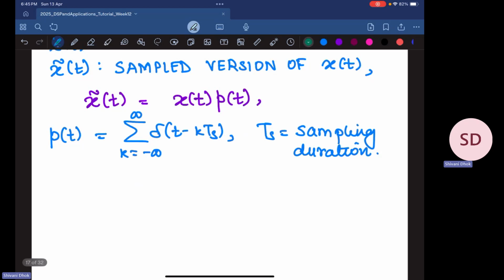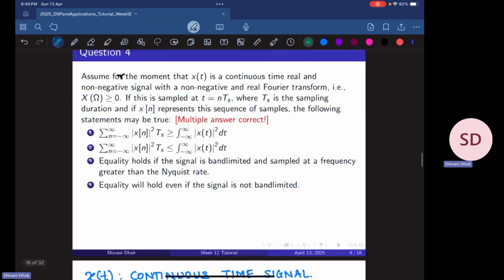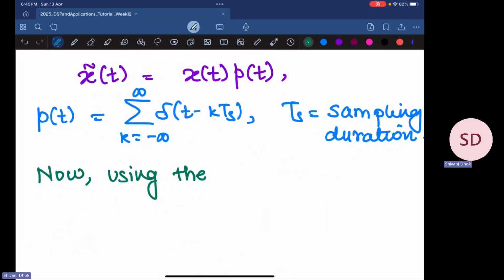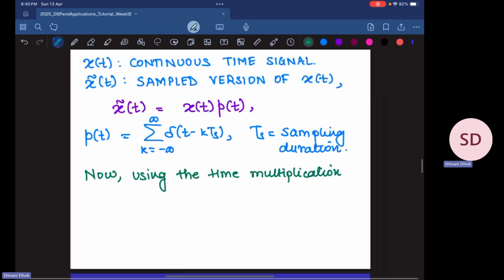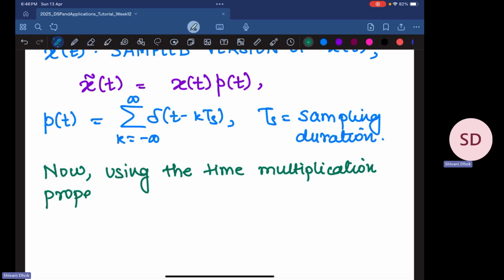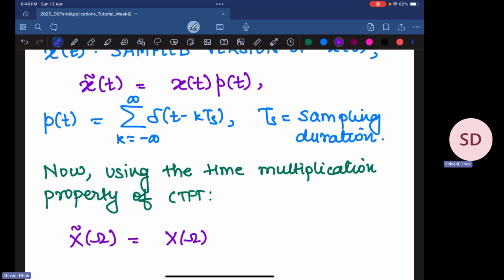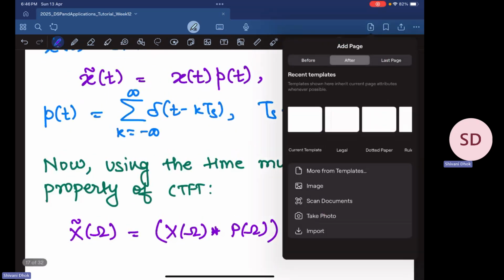Okay, so now using the time multiplication property of CTFT, x tilde of omega is equal to X of omega convolved with P of omega and scaled by a factor of 1 over 2 pi.